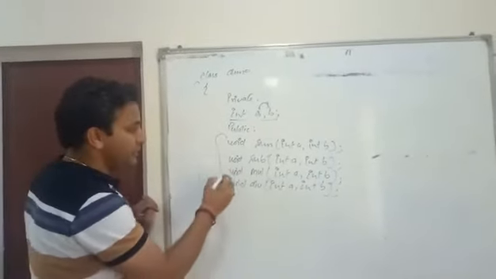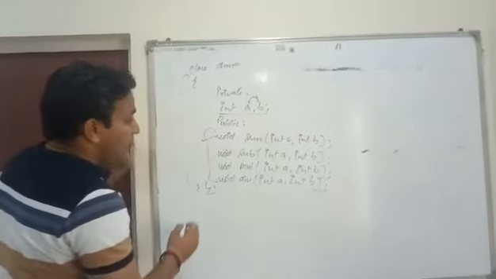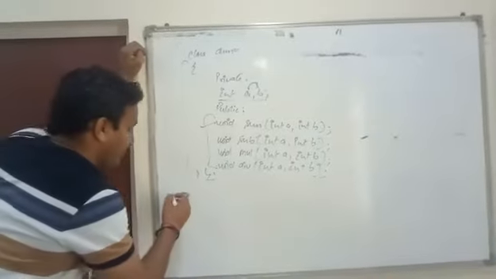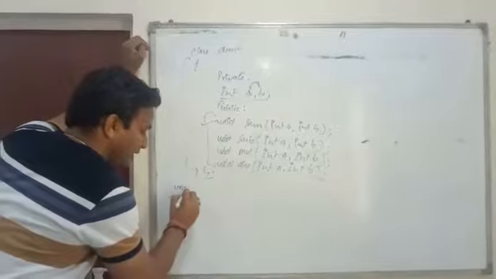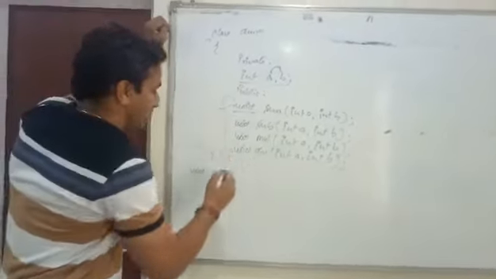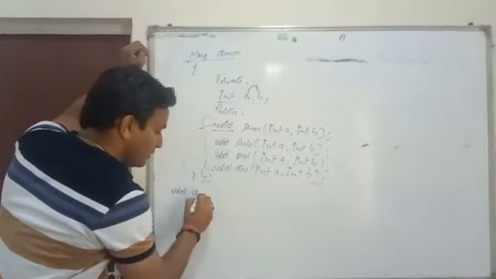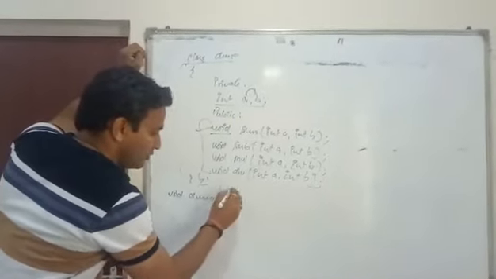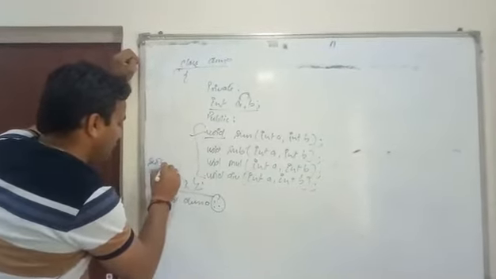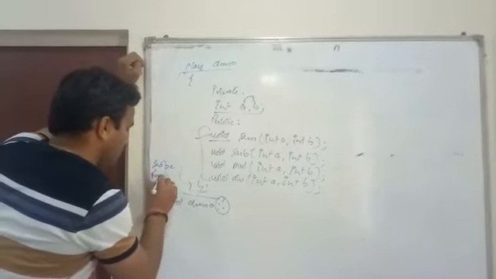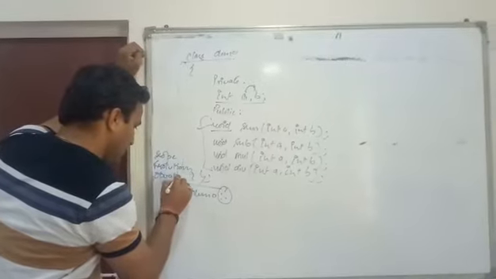Now we are going to define these functions. So we are going to take the very first function, that is sum. How we can define the function? Firstly, we are going to take the return type void, then the class name, that is demo: void demo, then the scope resolution operator.